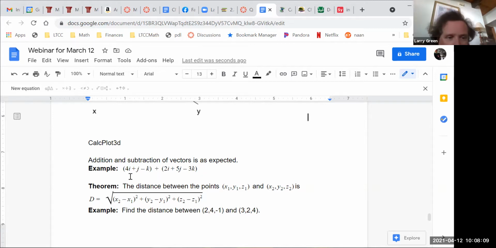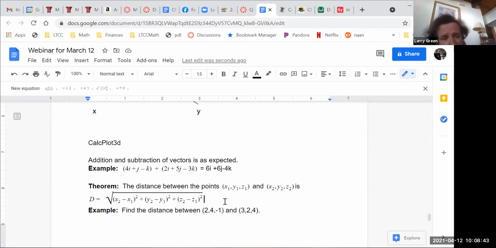So 4i plus j minus k plus 2i plus 5j minus 3k is going to equal 6i plus 6j minus 4k. I figured I'd show you the ijk way of writing it. You could also write it as pointy bracket notation.